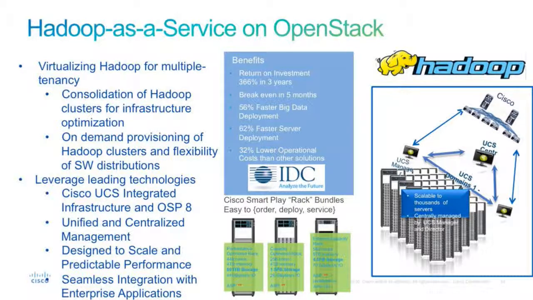So we are combining the value of UCS Integrated Infrastructure with the centralized management of OSP with the capabilities that the Hadoop vendors bring to the table. Everything together, it's all about making it easier for our customers to adopt OpenStack from a Hadoop context, Hadoop-as-a-Service.